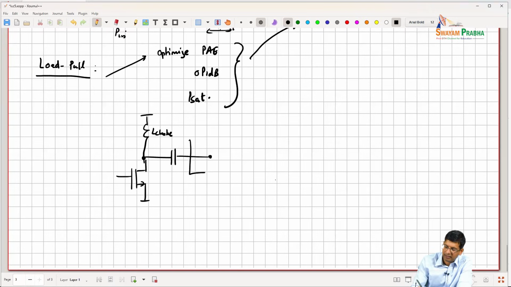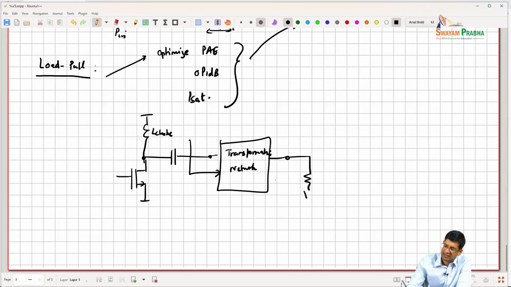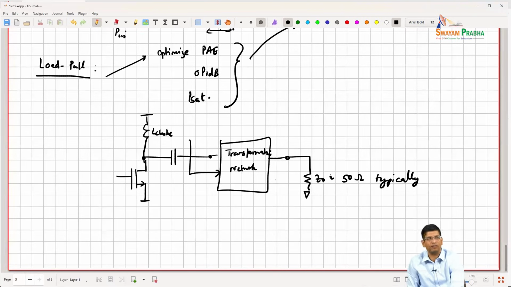And now I basically have to design a transformation network that moves my Z0, typically 50 ohms, right, because the PA typically is driving the antenna. And the objective is that you want over here in this plane to see Zopt, right?